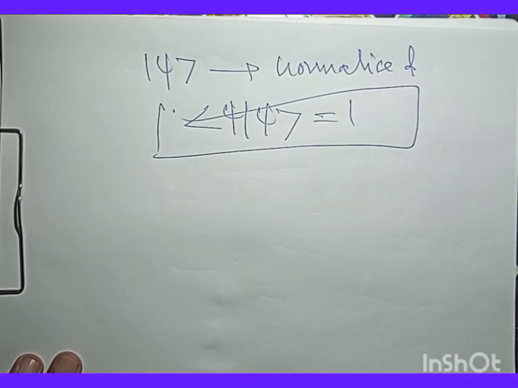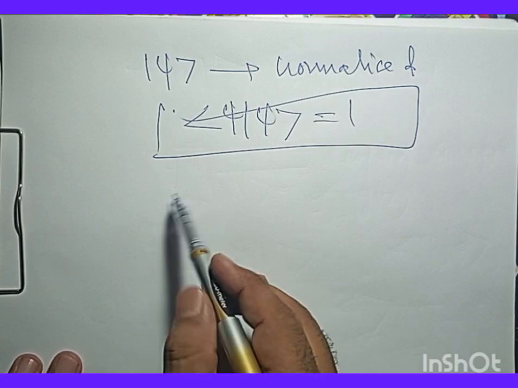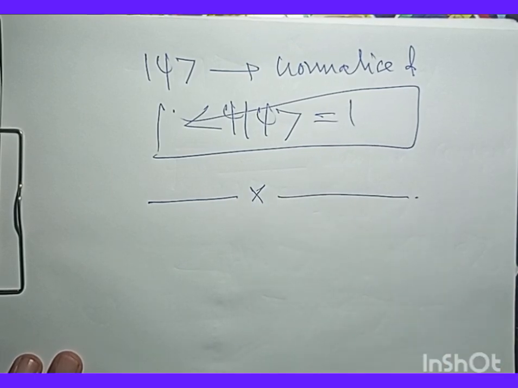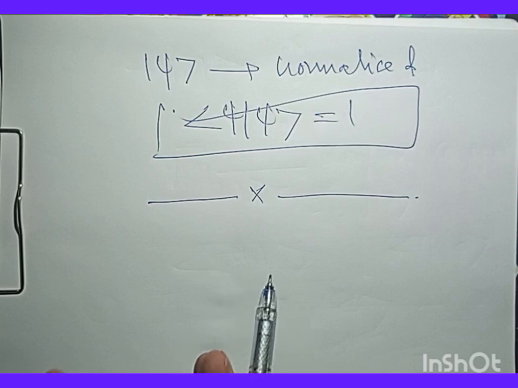And this ensures that the total probability for the given system is equal to 1. So these are the two important implications of the inner product that we have discussed in this video, the inner product that takes a key role in Hilbert space.